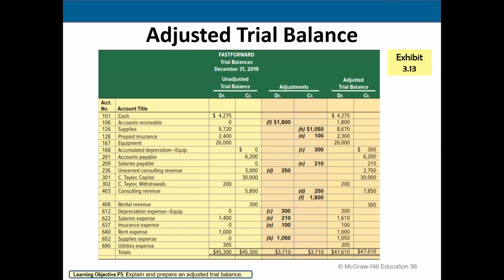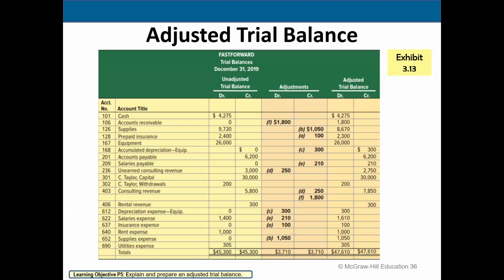And once we have that, now we're in good position to create our financial statements. Because look, all the assets are listed together from cash all the way down to equipment and the accumulated depreciation on the equipment. There's our asset accounts. So that will help us with our balance sheet. Below that, from accounts payable down to unearned consulting revenue, those are our liability accounts.